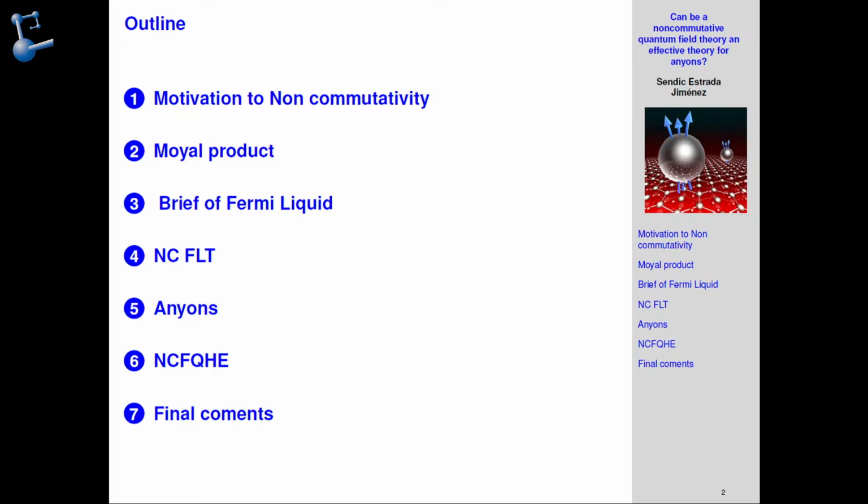After that, briefly about anyons, and as motivation, I also built a non-commutative fractional quantum Hall effect from field theory, and final comments. This is not a final work, it's a work in progress with a student, but I think it is a nice idea, maybe a little naive, but I hope you like it.